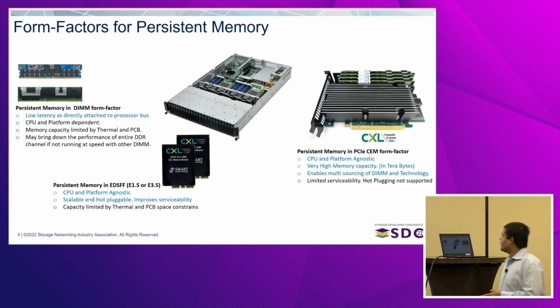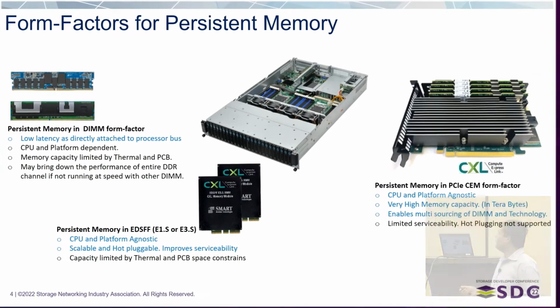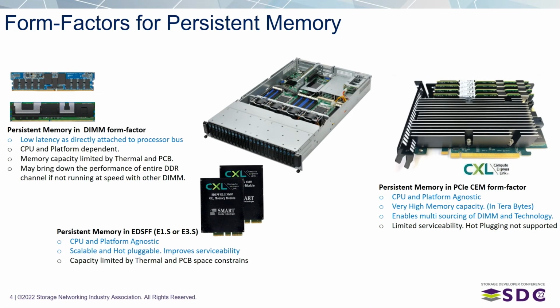So, continuing with the different form factors of persistent memory. We just saw that persistent memory can be in a DIMM-like form factor. This is where Intel Optane DIMMs and NVDIMMs have been there for some time. The biggest advantage is low latency. Anything you connect to a parallel bus will have low latency and give you the best performance. But the challenge is you have to be dependent on the platform, which is the CPU architecture itself.